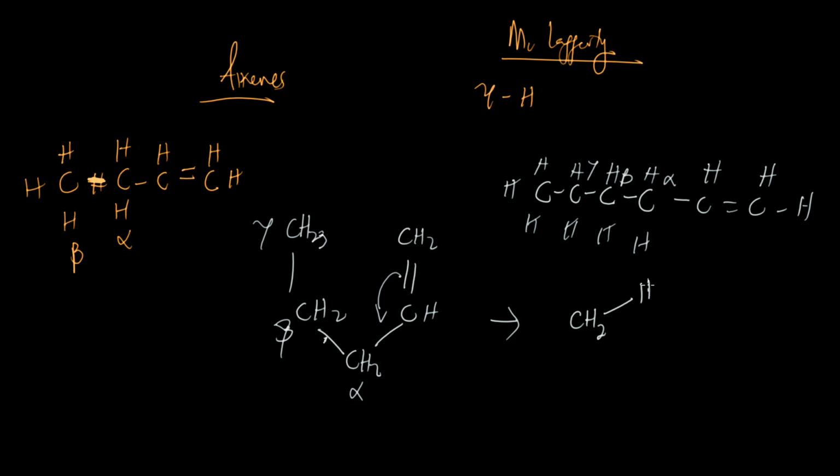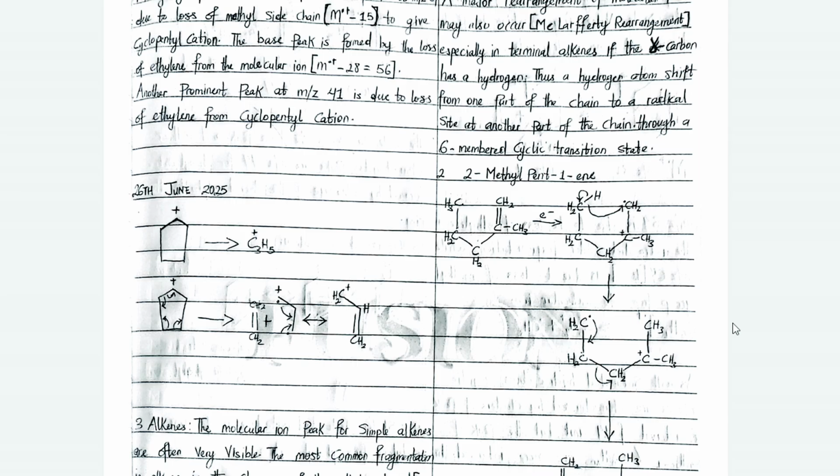Let's write the hydrogen. This is the alpha, this is the gamma hydrogen, right? So we have this one CH2, this one CH2, this one CH, and this one CH2. So let's see if the structure is the same there. Yeah, the structure is the same there.